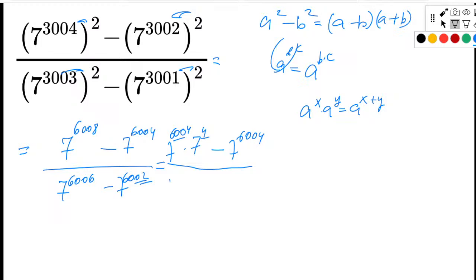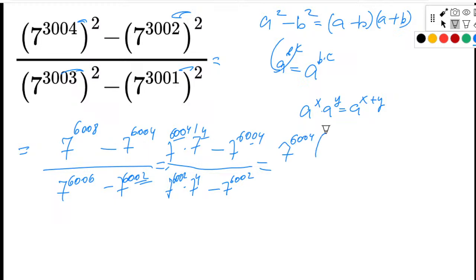So 7 to the power of 6002 multiplied by 7 to the power of 4 minus 7 to the power of 6002. So we have 7 to the power of 6004 in the numerator, so we can write it like this.